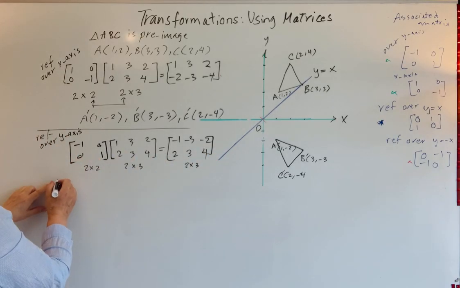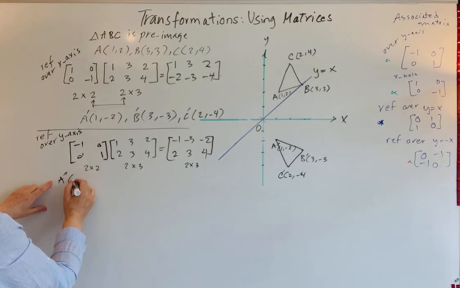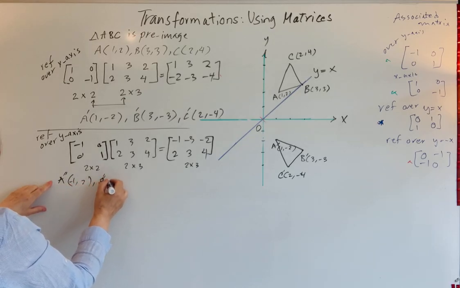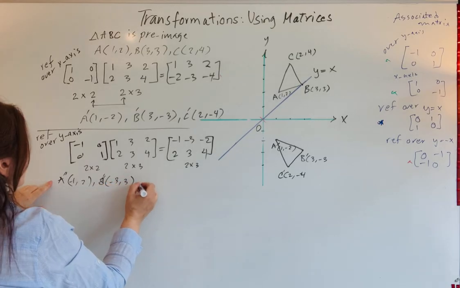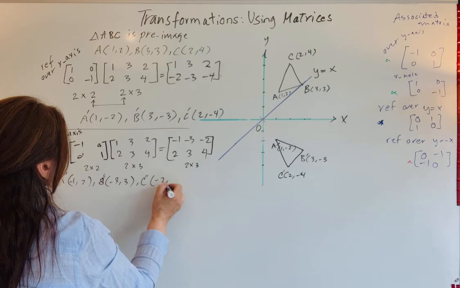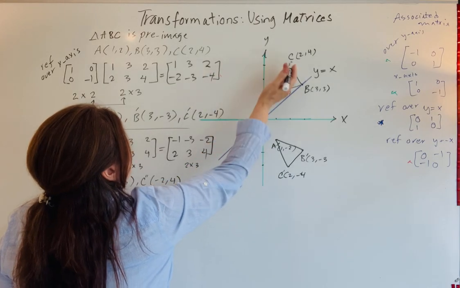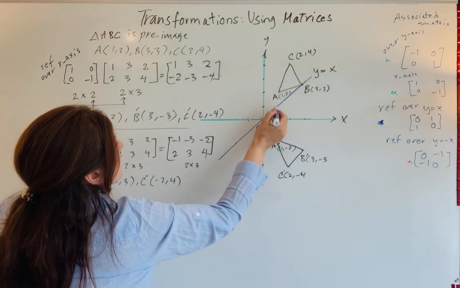We can write A double prime as negative 1, 2. B double prime is negative 3, 3. And C double prime is negative 2, 4. You can see here, everything just changed over the y-axis. This negative 1, 2 was 1, 2.